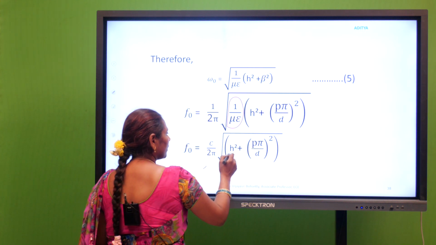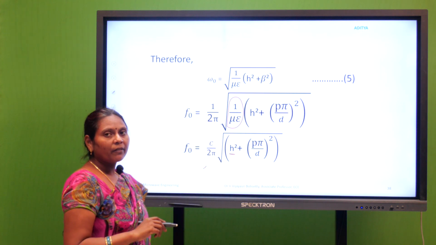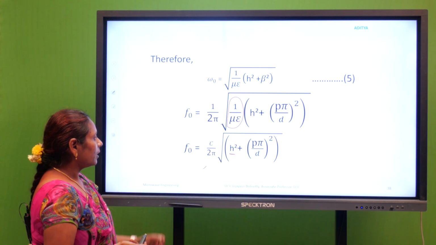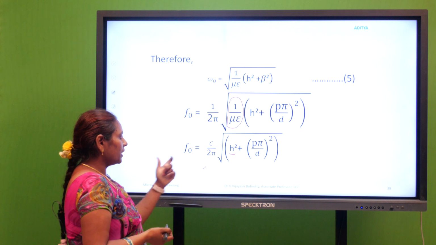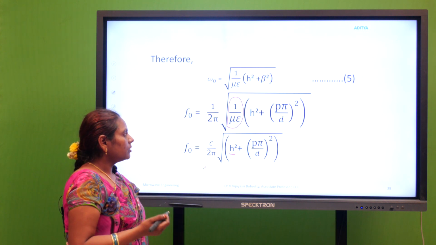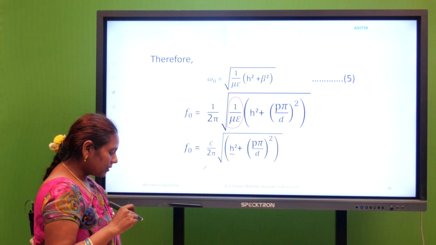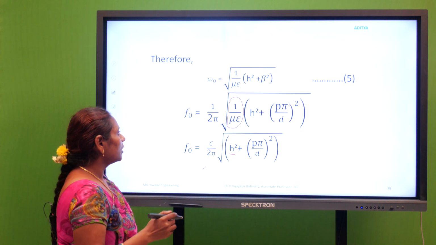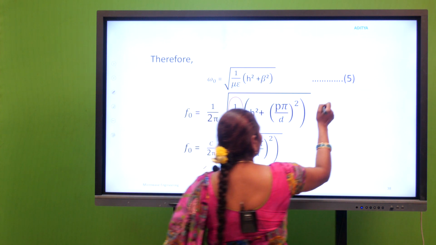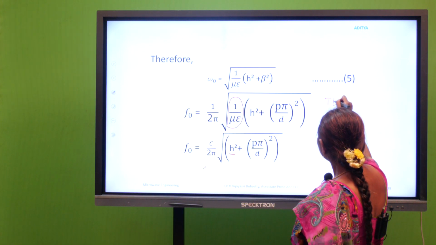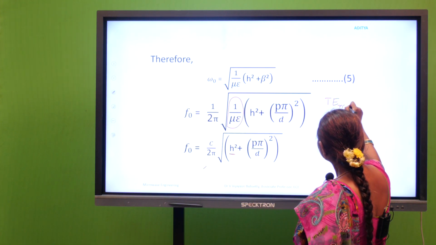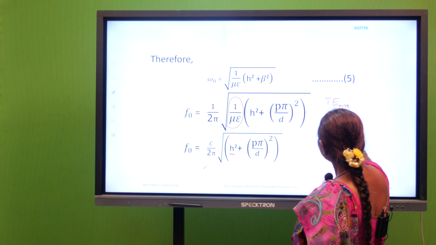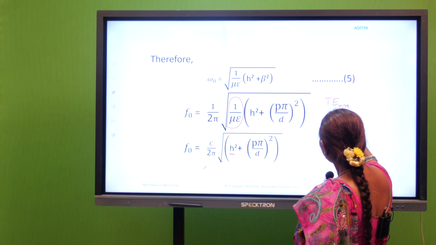So this h in the resonant frequency is going to have a different value for TE and TM. In circular cavities we represent the TE modes and TM modes with the suffix nm, that is TE nm and TM nm.